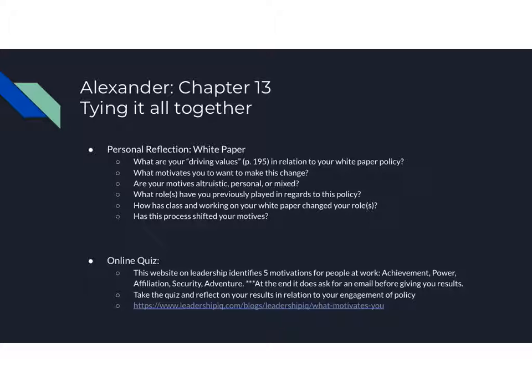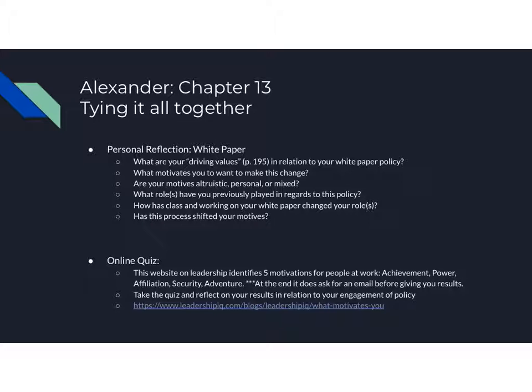So Alexander chapter 13 really ties it all together. For me, when I read chapter 13, I really honed in on the driving values that is on page 195. And I started to think about what are my own values when it comes to the white paper.